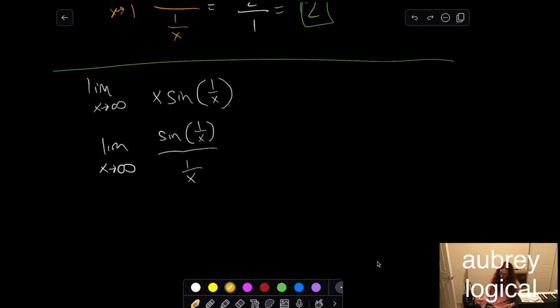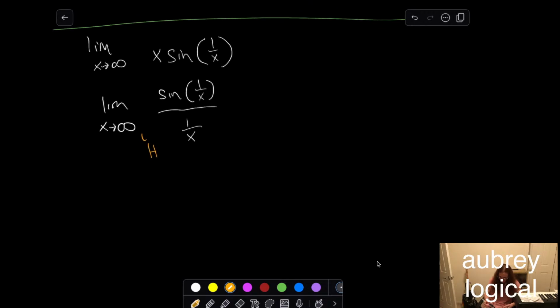Oh, well, we never did L'Hopital's rule. I didn't even ever do L'Hopital's rule. I just rewrote the problem in the correct form. Hence why I never changed colors. So now let's do L'Hopital's rule.